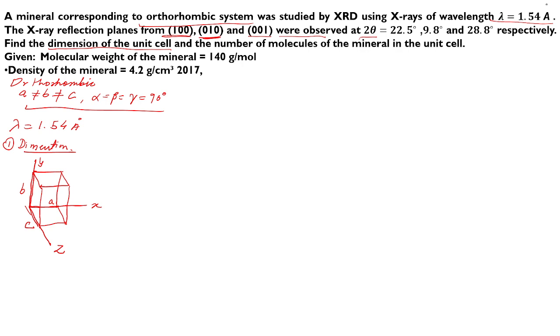And what they have given are the planes. The 100 plane means it is cutting X but not the others, so this is the 100 plane, which is cutting at a. The second plane is 010, so this is the 010 plane.